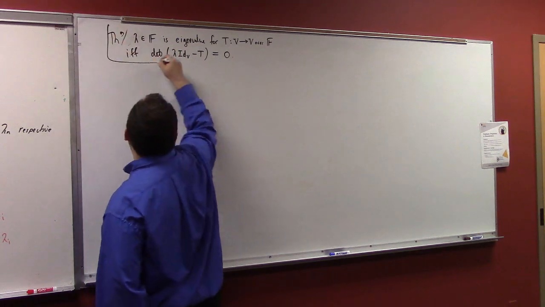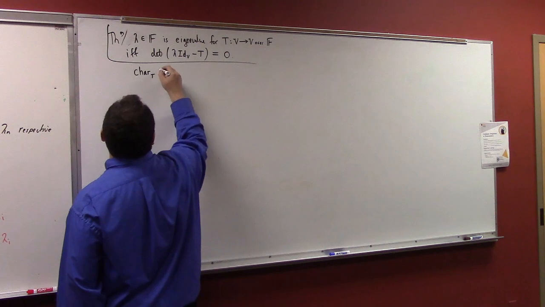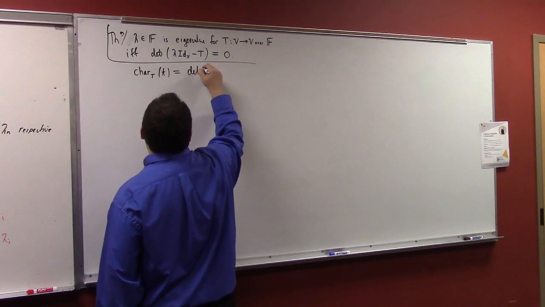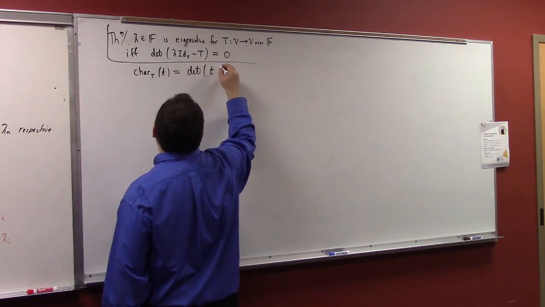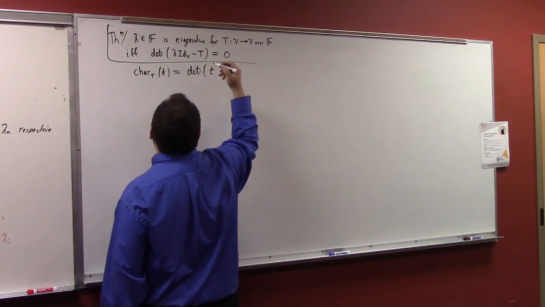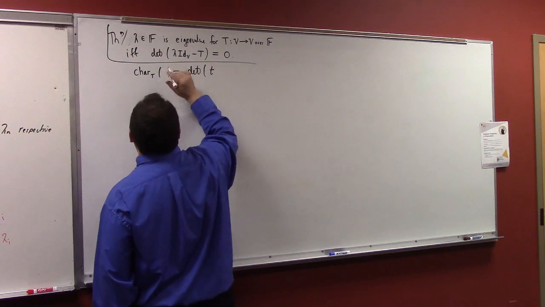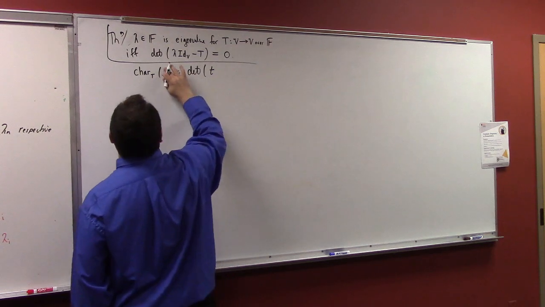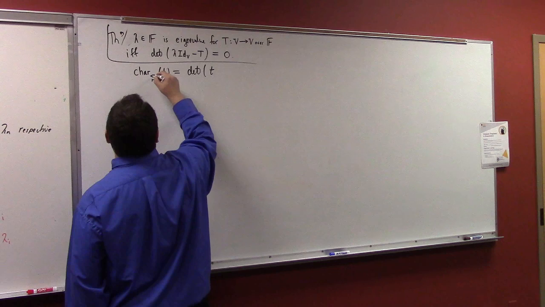So let us introduce the characteristic polynomial of T in the T variable. Too many T's. Let me change the variable; I'll make my transformation something other than T. I'm going to make my transformation S here.